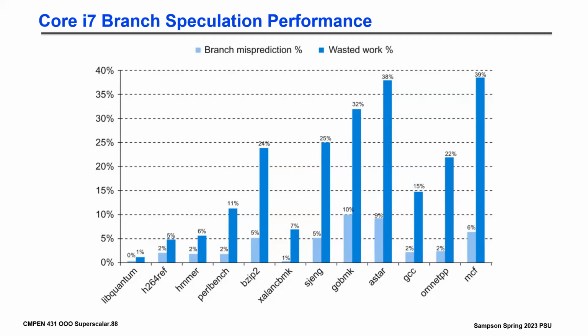Now, there are actually a bunch of interesting interactions that happen here. As you can see, it's not easy to predict how many wasted instructions you get as a function of the branch misprediction rate. Obviously, lower is better, there's some correlation, but they're not really immediately mapped. So if you look at MCF, it's only got a 6% branch misprediction rate.